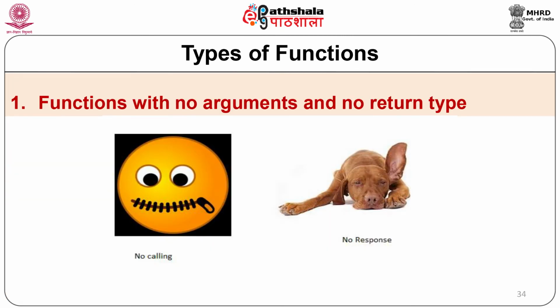Types of function. Function with no argument and no return value. You can see in this picture there are two images. First is an emoji and second is a dog. The emoji is not talking to the dog, so this is a function with no argument and there is no response from the dog.